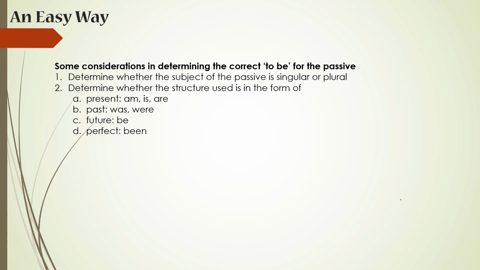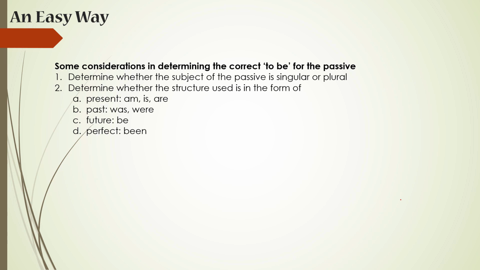And then if the structure in the active sentence is simple future, the to be that must be used is be, the real be. For example, Anne will write a letter. A letter will be written by Anne. So the real be after the modal, it must be followed by real be.